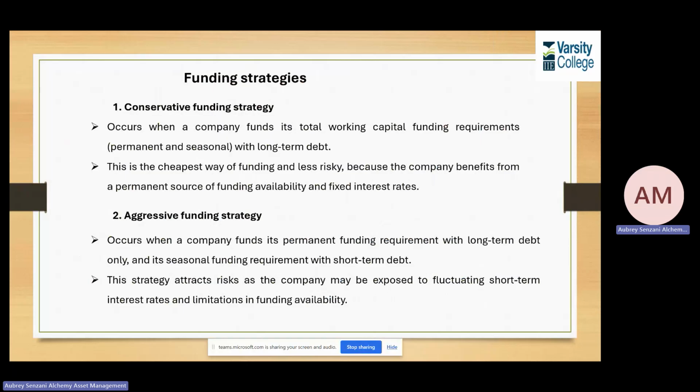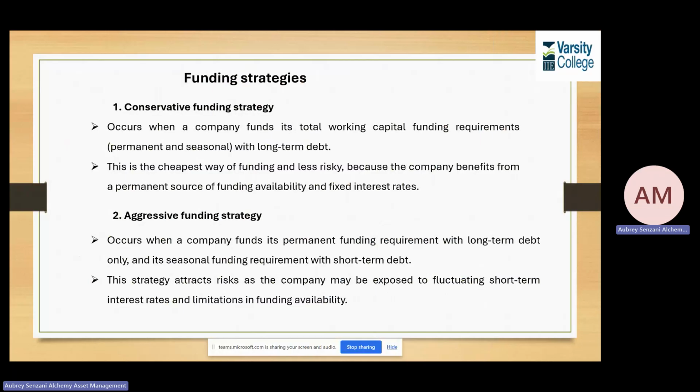And I think another thing to highlight is with the conservative, it's cheaper, because I've borrowed the 2 million. Maybe let me just read it. This is the cheapest way of funding and less risky because the company benefits from a permanent source of funding, availability, and fixed interest rates. Okay. And then when it comes to the aggressive, this strategy attracts risk as the company may be exposed to fluctuating short-term interest rates and limitations in funding availability.